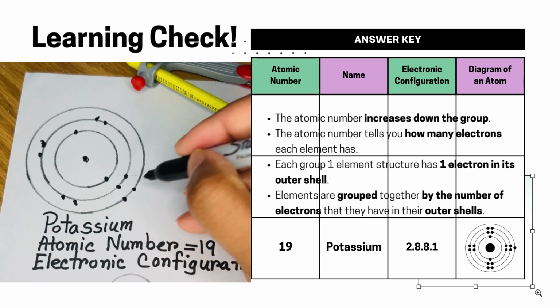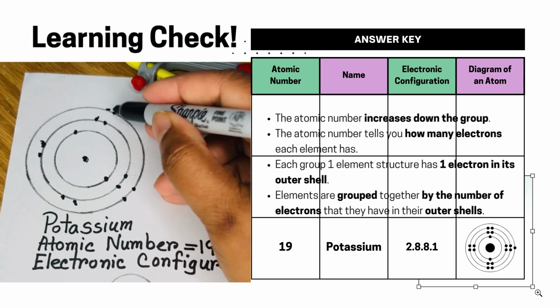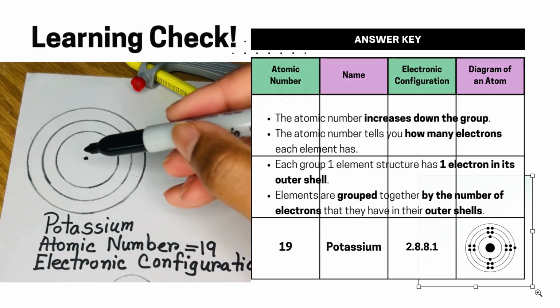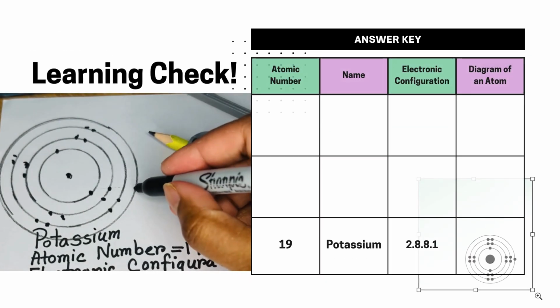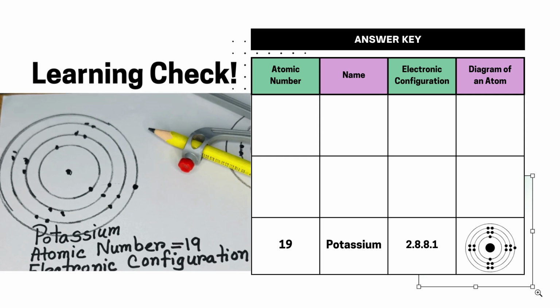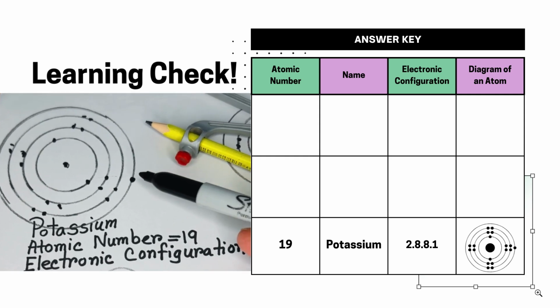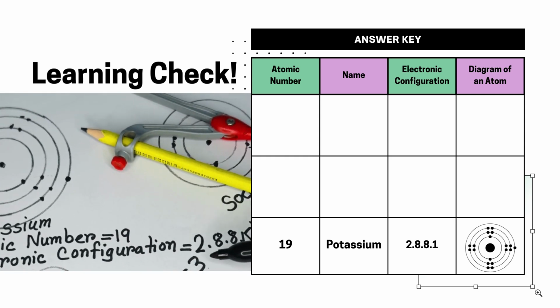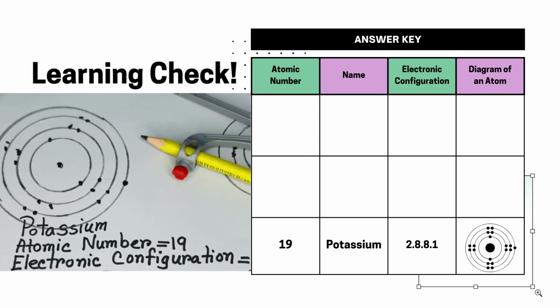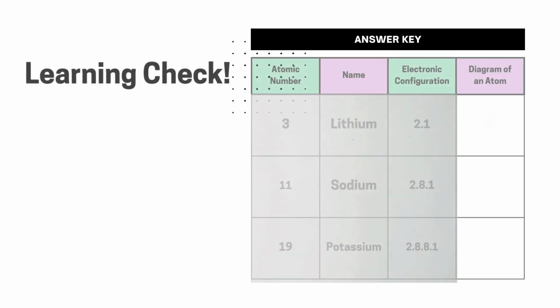So now the total is 19, the atomic number, and the electronic configuration is 2, 8, 8, 1.